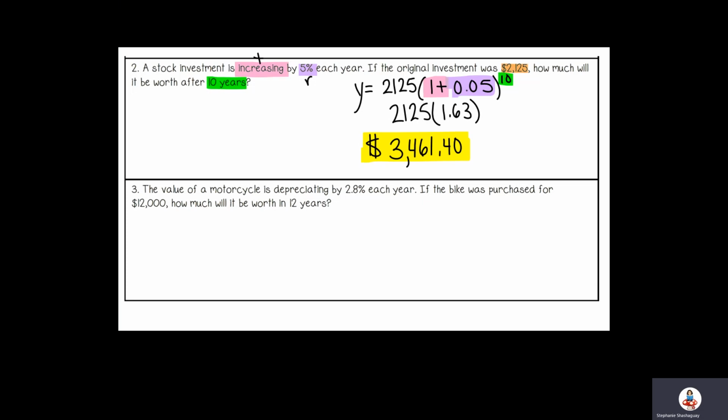All right, we're going to go on to number 3. The value of a motorcycle is depreciating by 2.8% each year. If the bike was purchased for $12,000, how much will it be worth in 12 years? So I'm going to have y is equal to that $12,000 multiplied by 1 minus, because I'm depreciating, so it's decay, 0.028 raised to the 12th power.